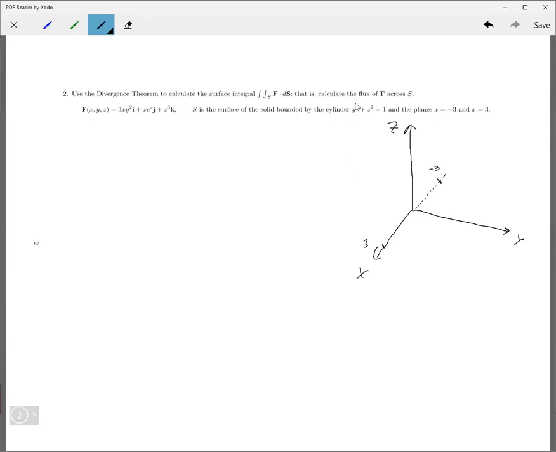And then you have y squared plus z squared equals 1. So this is a cylinder, and its radius is 1. If you set x equal to 0 and just look at that, then it's going to be a circle like that.